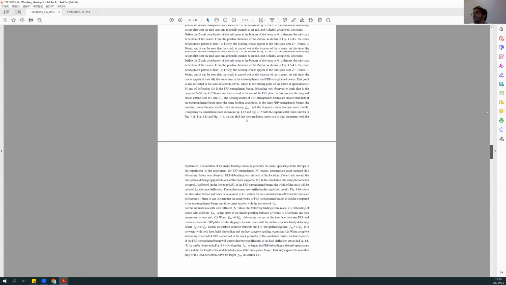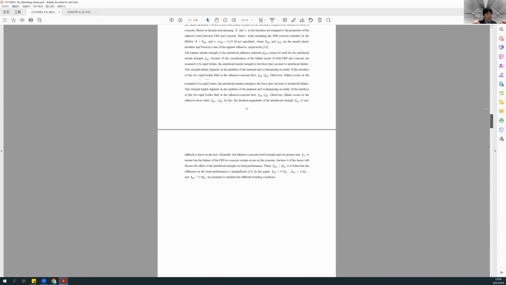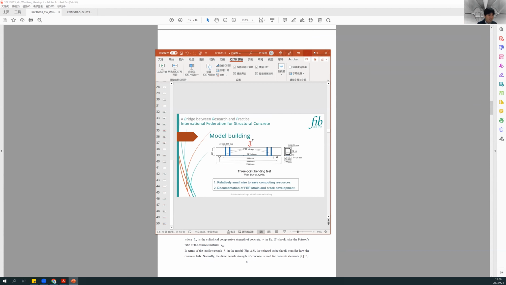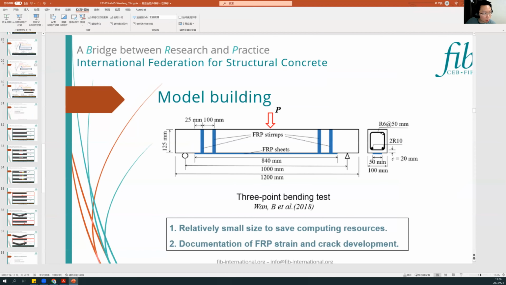Yeah. But his specimen has FRP sheets on the bottom. I'm not sure if you can calculate the capacity of such a beam by using the ACI code. If he conducts experiments on just regular RC without any FRP sheet.